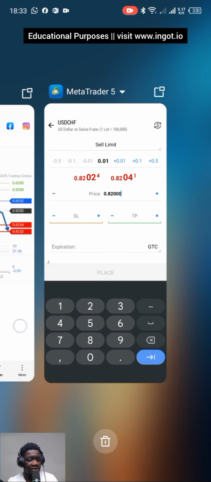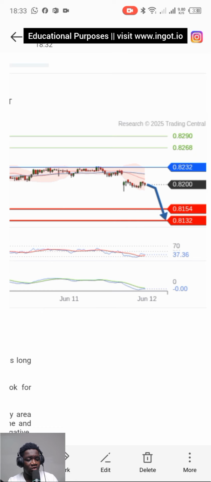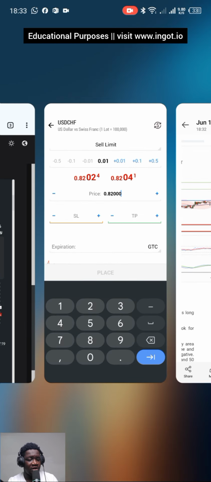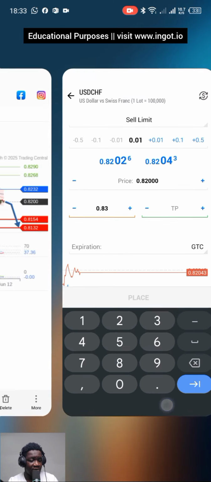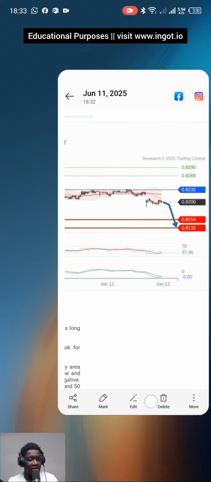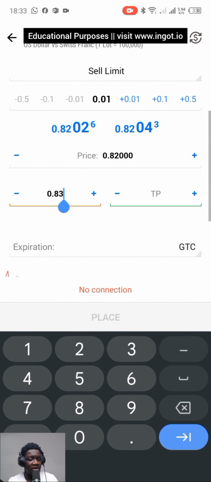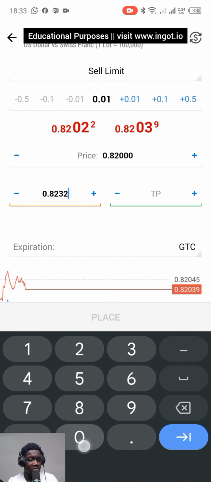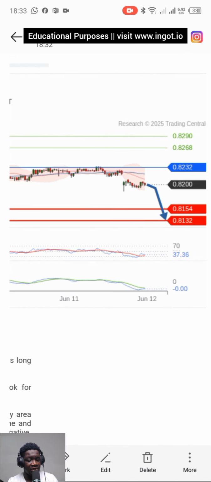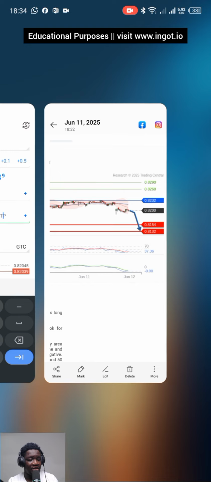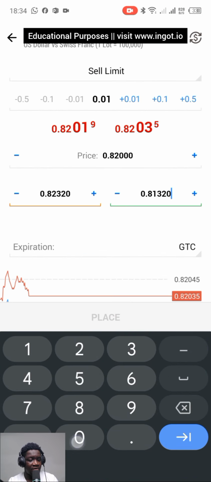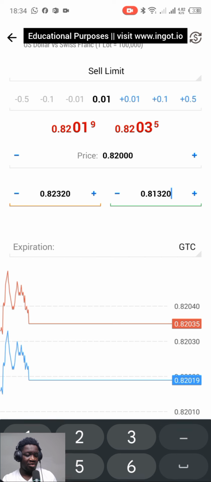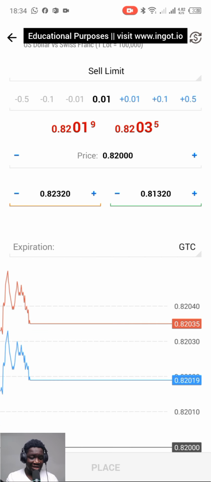The stop loss is 0.8232, so 0.82320. That's 5 decimal places. And then take profit. Let's take the last one, 0.8132, so 0.81320.